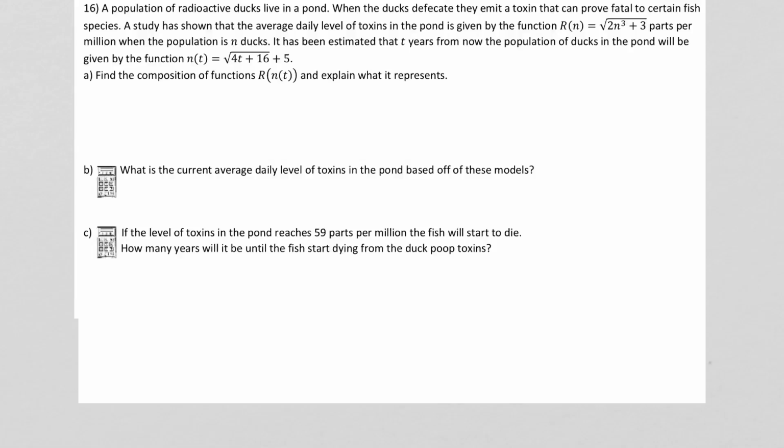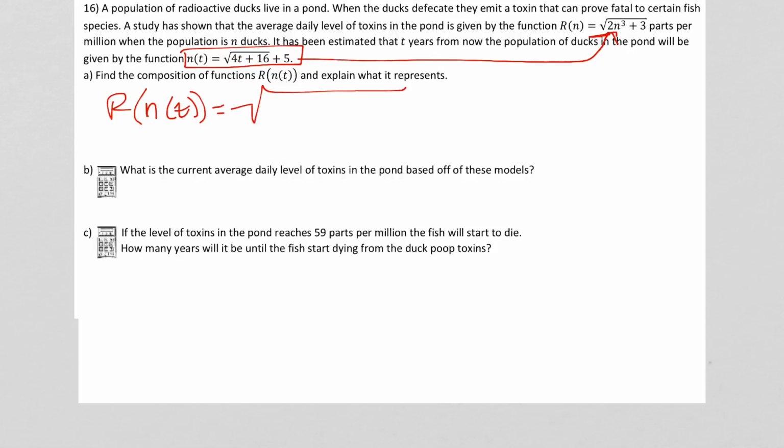So we need to take this function n of t, we need to shove it into this function in the spot for n. So r of n of t will equal the r function, the square root of 2 times n, but instead of n we need to put n of t, the function.